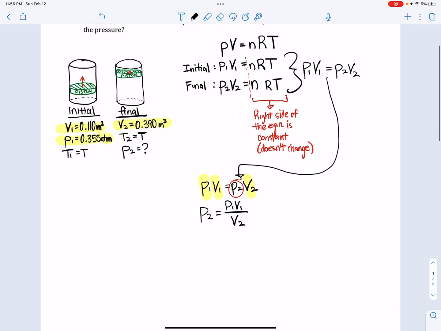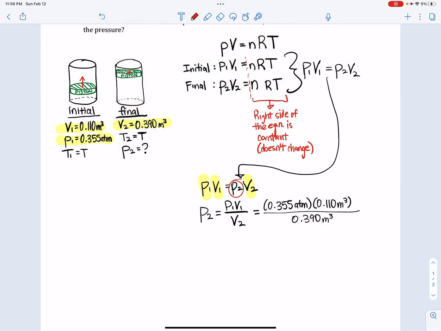So I'll just plug that in. P1 is 0.355 atm. V1 is 0.110 cubic meters. And that is all over V2, which is 0.390 cubic meters.